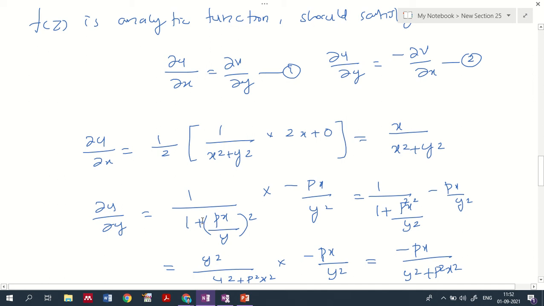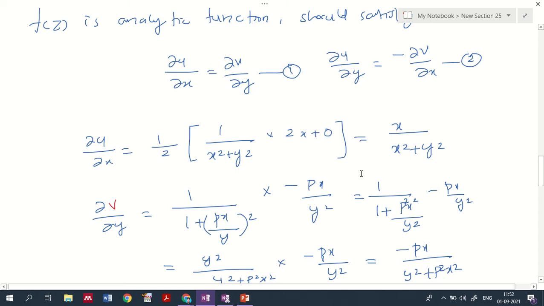Clear? Now we evaluate dou v by dou y. Sorry, it is not dou u by dou y, it is dou v by dou y. That is equal to 1 by 1 plus px by y whole square, into minus px by y square.